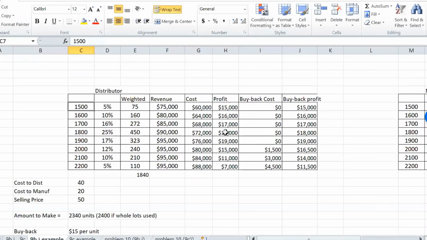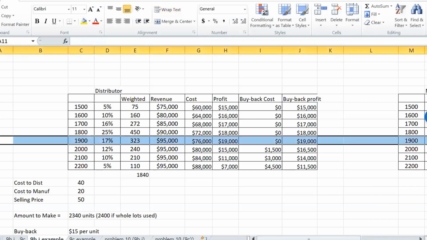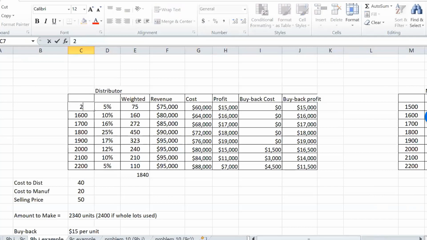Right now the profit without buyback costs, we're not going to worry about buyback costs, the profit is 1,900, same as before, because the highest level of profitability is right at 1,900 for the distributor. If I increase this to say 2,000, I'll just do this plus 100 and drag all these down.